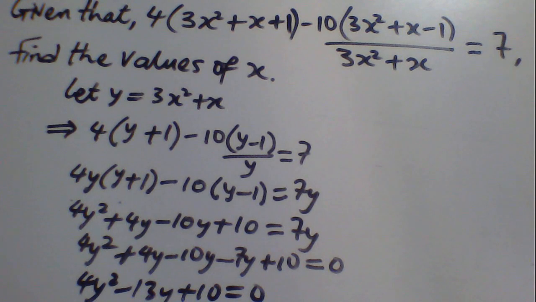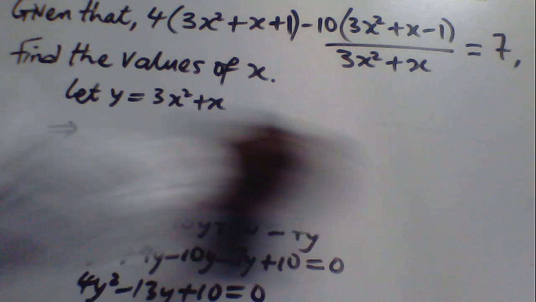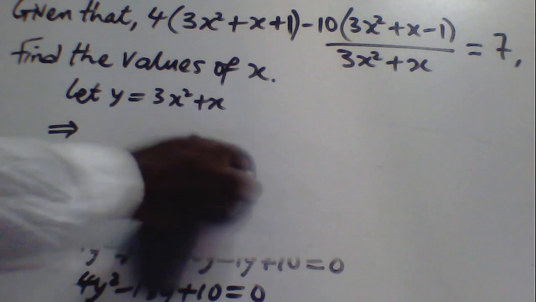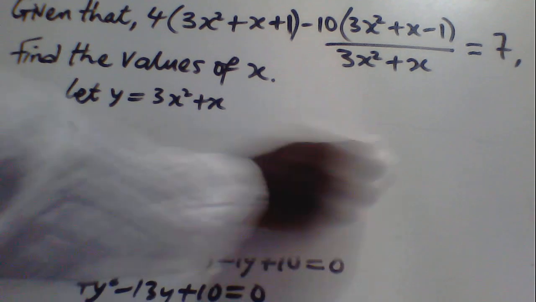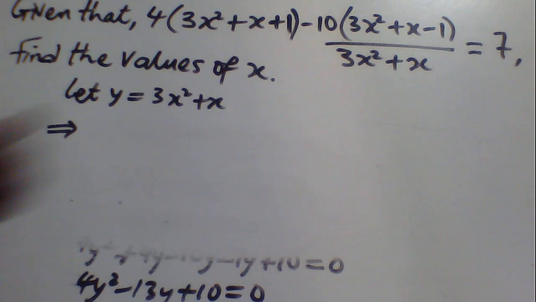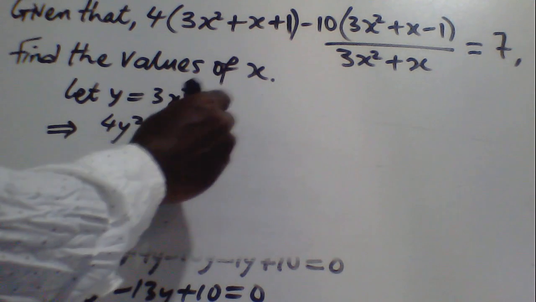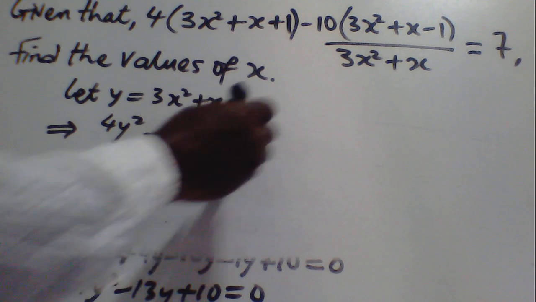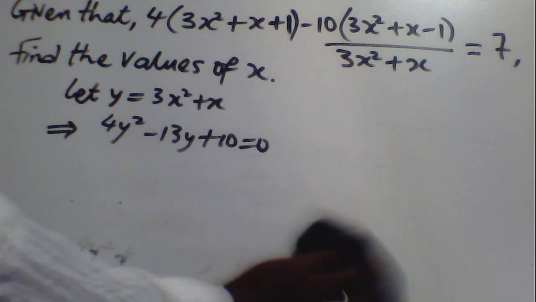So we can now write it as 4y squared minus 13y plus 10 is equal to 0.